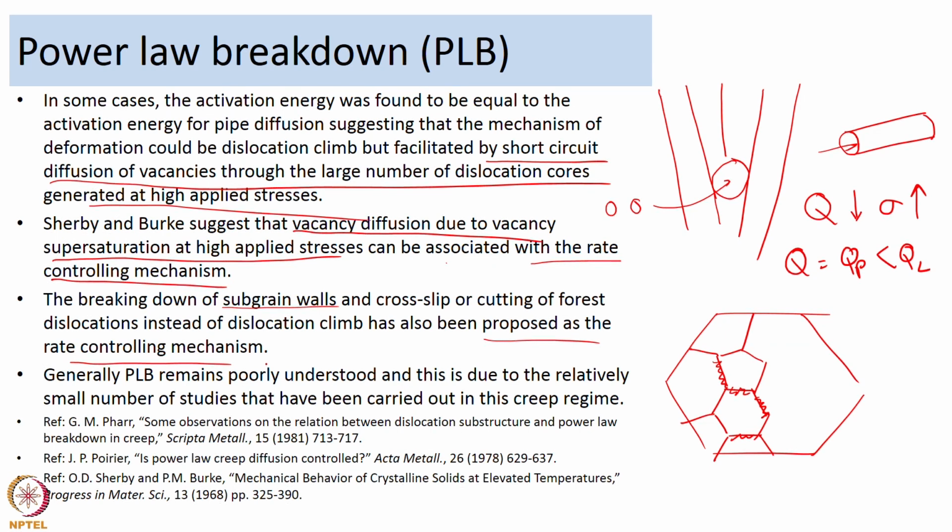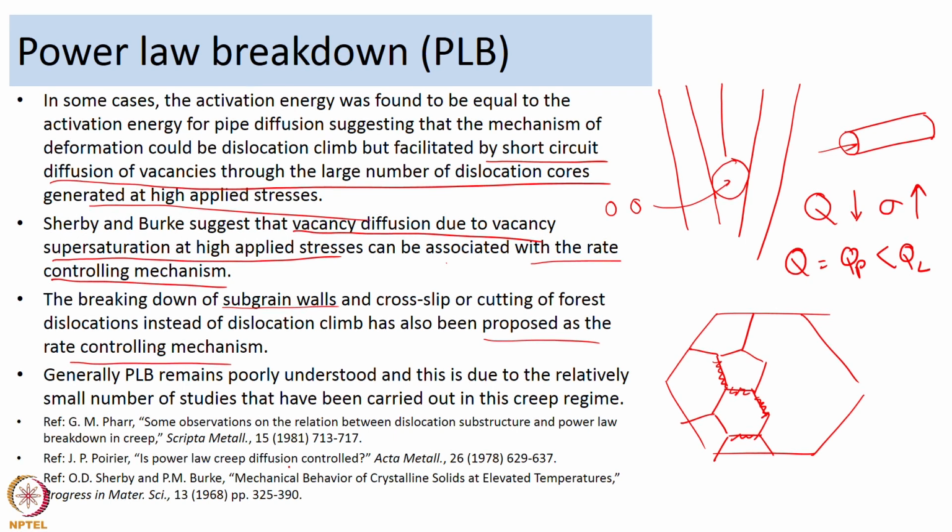However, having said this, people have said dislocation climb could be one of the rate controlling mechanisms. People said diffusion of vacancies through dislocation cores leading to Q is equal to QP could be the rate controlling mechanism, and in some other cases people have said the breaking down of subgrain walls and cross slip or cutting of forest dislocations is the rate controlling mechanism.